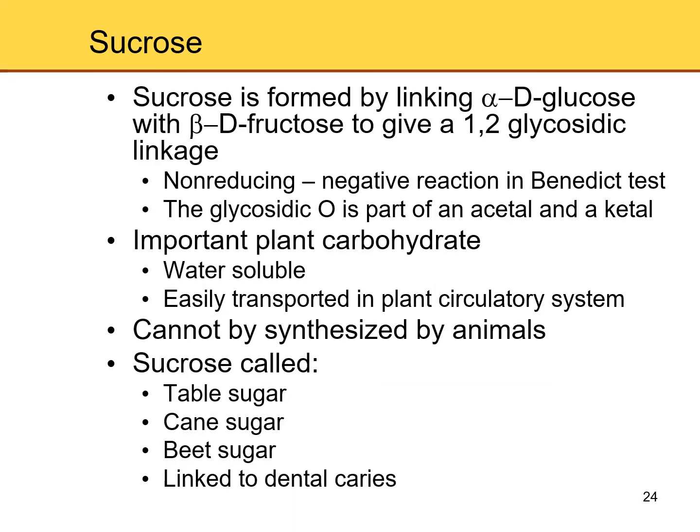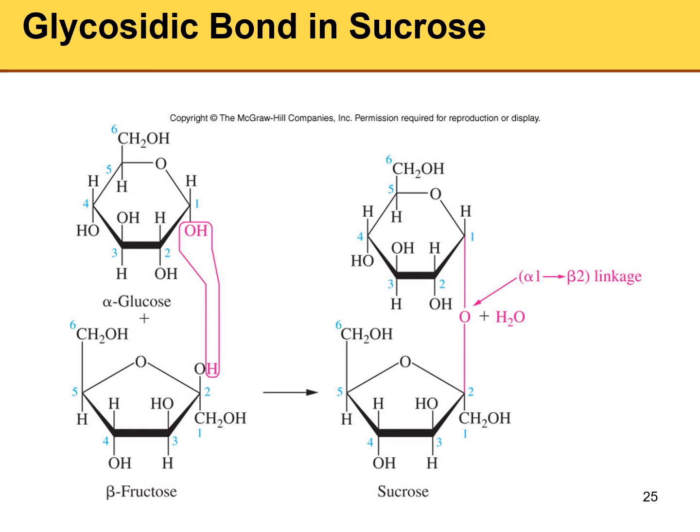And sucrose is the last one. So this is number 4. Sucrose is a dimer, a disaccharide. You have alpha D glucose with a beta D fructose, right? So let's see how that looks. So you have alpha glucose. You just draw alpha, and then you draw beta fructose.